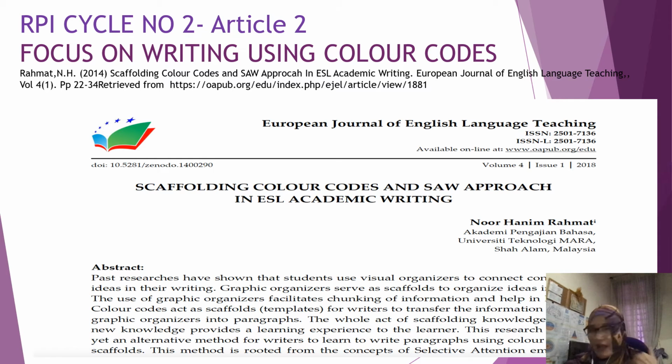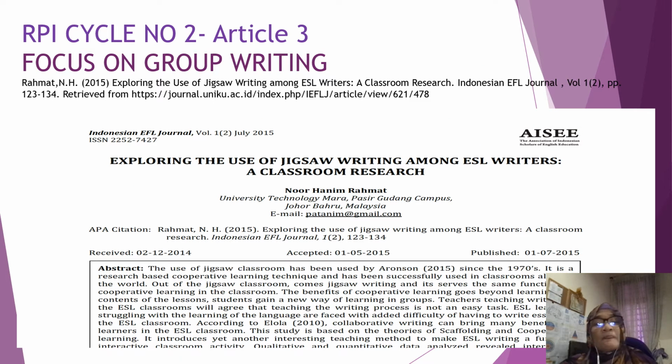So after you've done your innovative way of teaching, write a research about it, small, an action research will do, something small, and write it in an article. Then I have the second article. Then after that, the same activity of learning how to write using movies and color code, in the teaching of the writing, I even have group work.